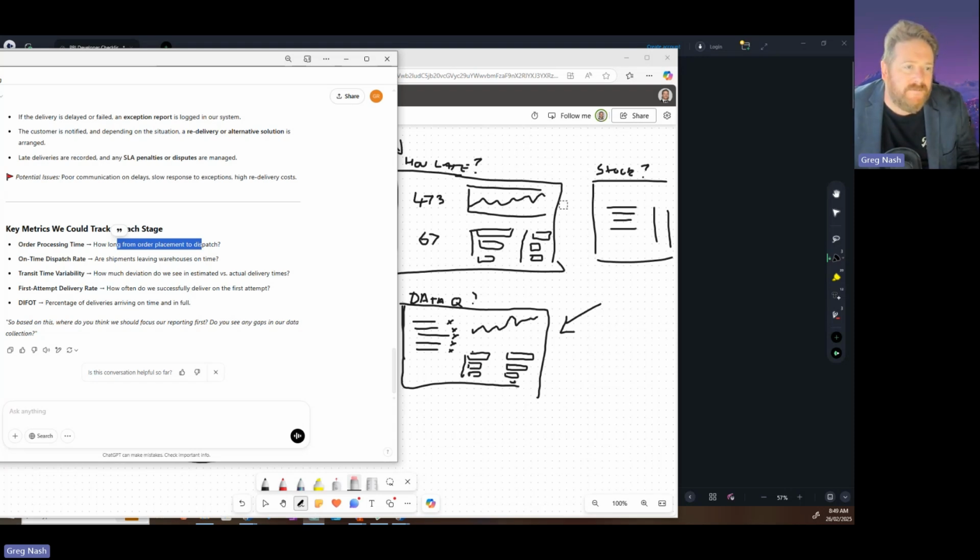Number of late orders, which was the problem in this order processing scenario, is a much easier metric to build than how long from order to dispatch, because then they're going, what's our status? Because then they say, well, what we want to see is the status of order over time. But really what they're trying to answer is how many late orders are there? Even the AI does it, right?